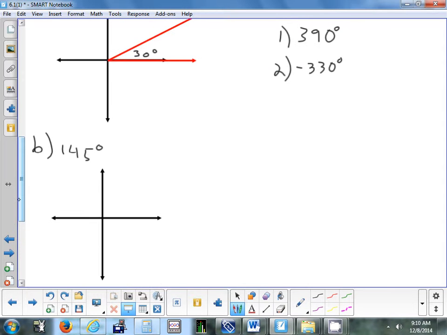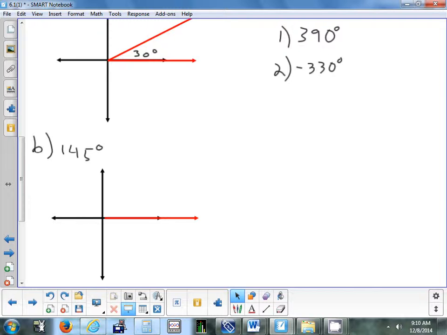Okay, let's try 145. So let's start just by doing the initial side. We don't really have a choice about that. And what about the terminal side?